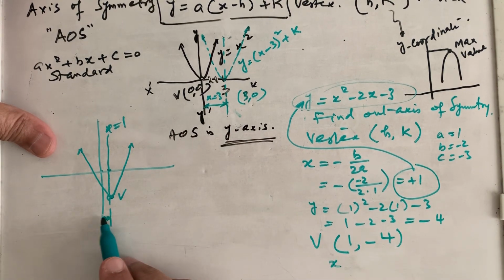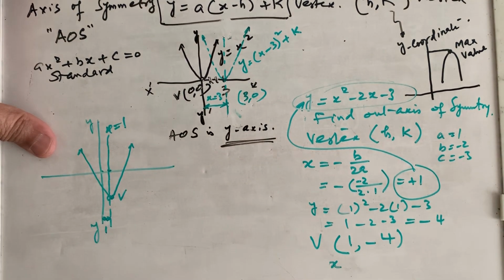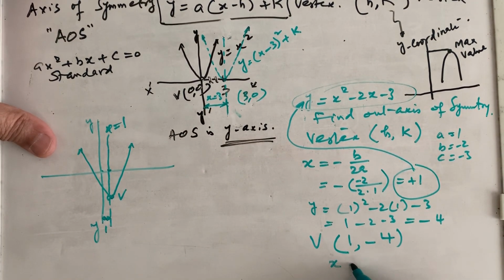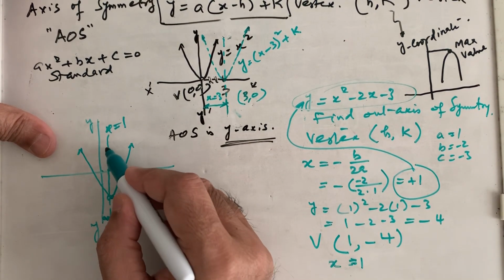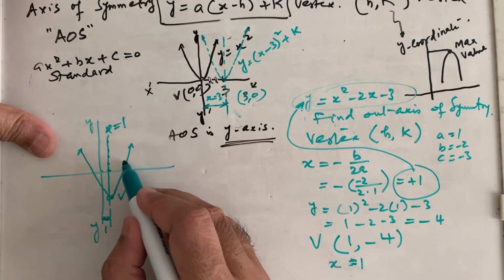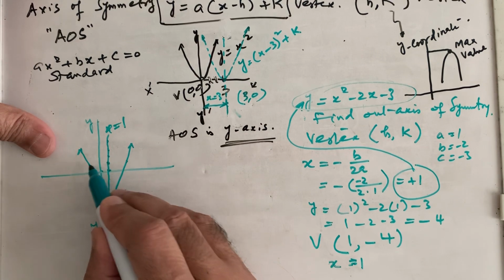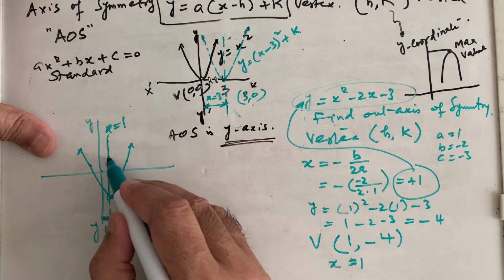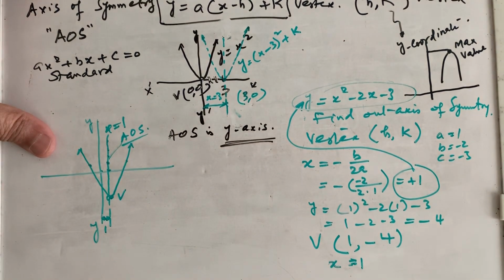What is the equation for the line which is parallel to the y-axis and 1 unit away? x equals 1, right? Every point on this parabola will be mirrored across this line. So this is your axis of symmetry, AOS.